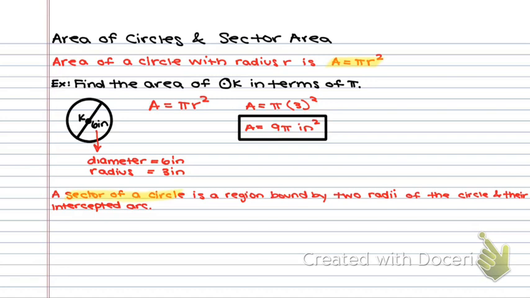So, sector of a circle, that's that formula. So I've got my circle, I've got a center, I've got 2 radii. I'm going to label the intersection points A and B. Now, back whenever we had arc length, we cared about that measure right there. We cared about the length of that measure.